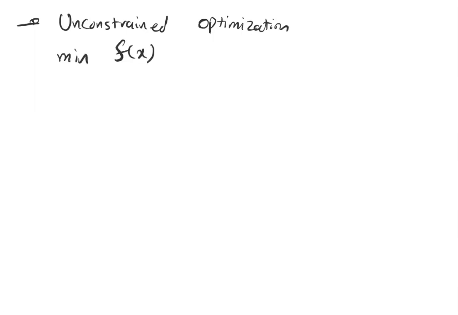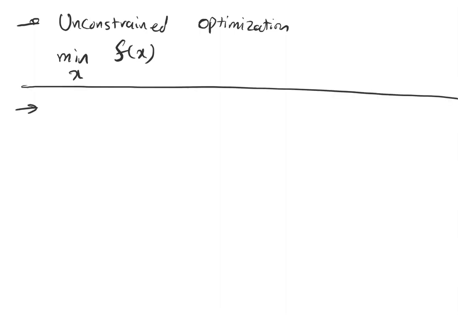All right. So first, I'm going to review the scenarios that we discussed before. First, we discussed unconstrained optimization, which is basically minimizing a function with variables x.